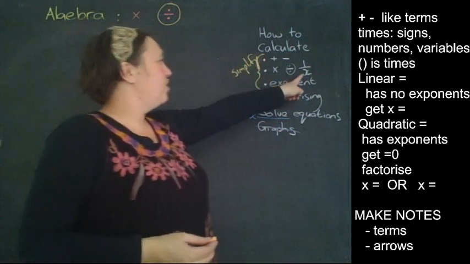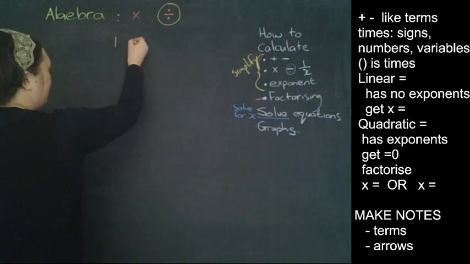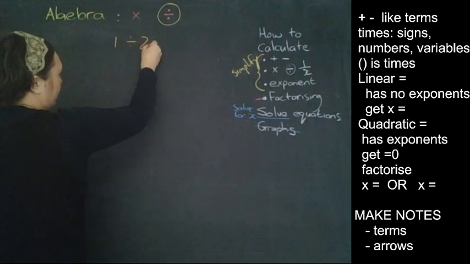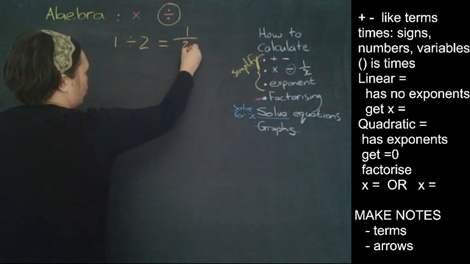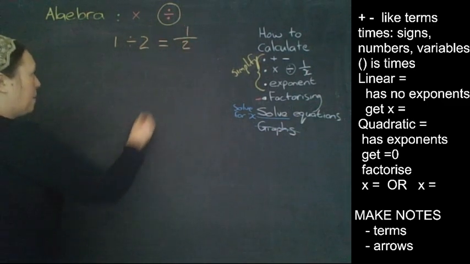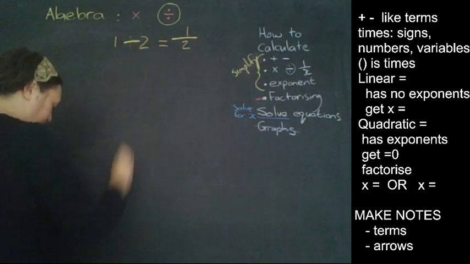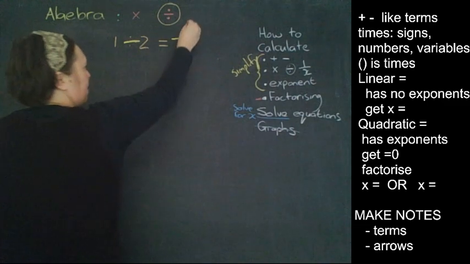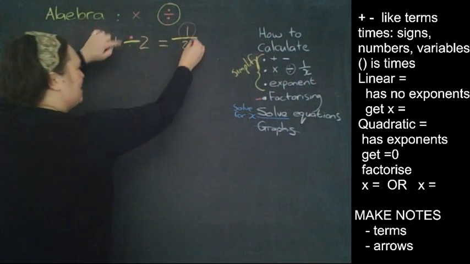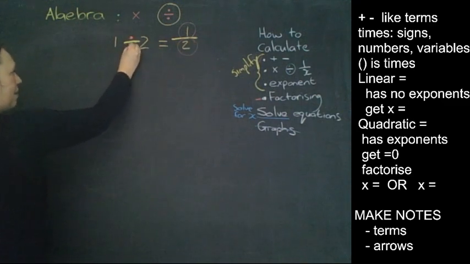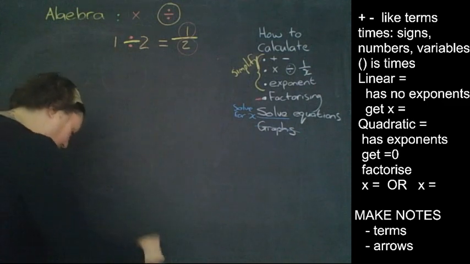We're more and more going to use fractions because fractions means divide. So if I've got 1 divided by 2, it basically is the same as saying 1 divided by 2. This one, we've got a line and a line. And here we've got something at the top, something at the bottom. It basically just means divide.